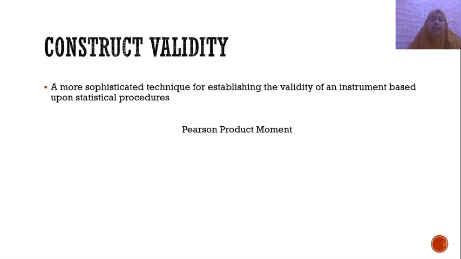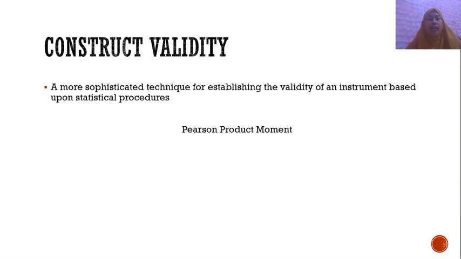The last validity is construct validity. Different from the previous validity, in construct validity we talk about statistical procedures, because, talking about quantitative research, as Pak Shafiq, our expert in quantitative research, says, we need rigorous data and rigorous techniques.